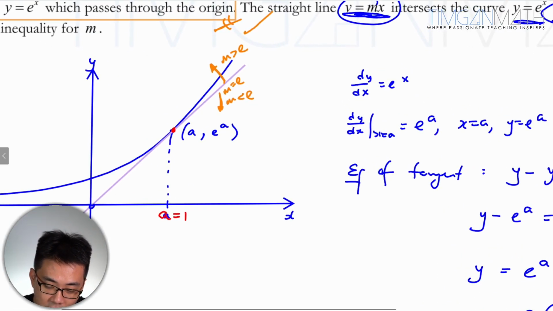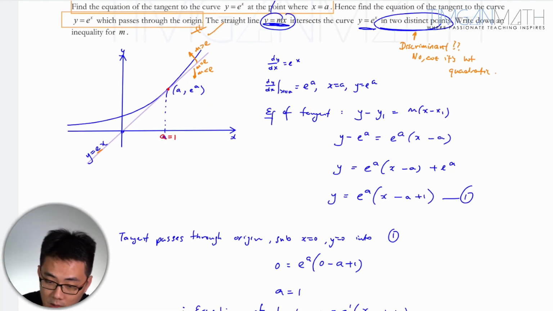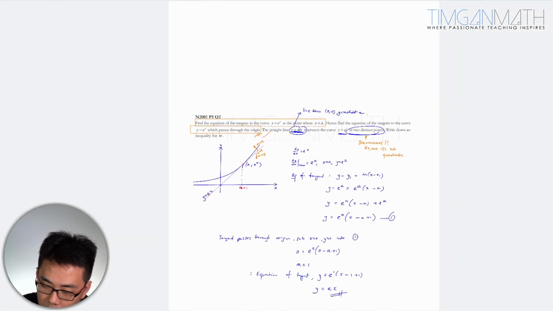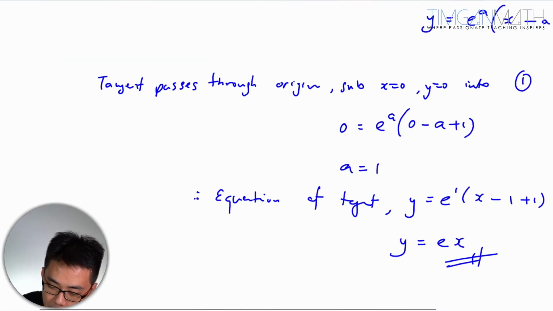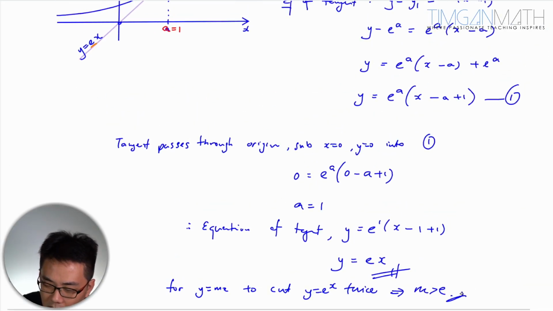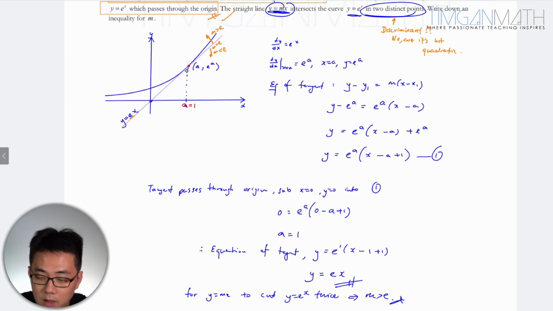So in other words, for y equals mx to cut y equals e^x twice, m must be bigger than e. E is the line where it touches once, and you want it to be steeper than e.